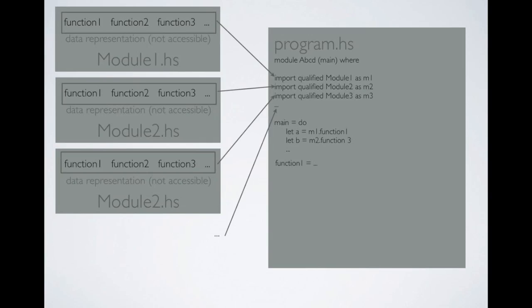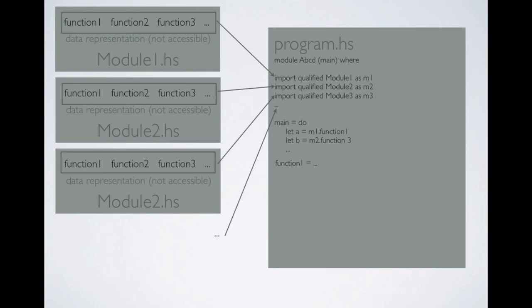Hi all. So this is going to be the last section of the modules tutorial, and over here we're going to talk a little bit about what a Haskell program should look like if it's relatively complex.